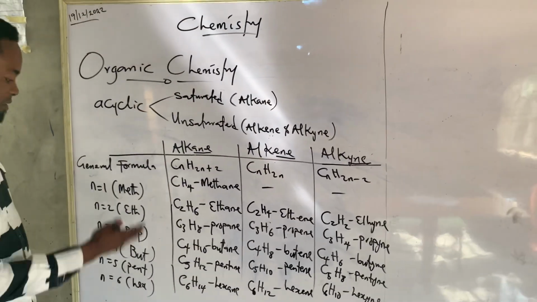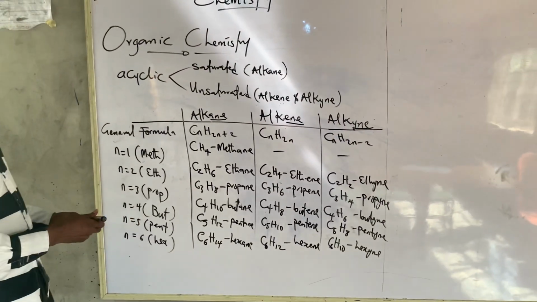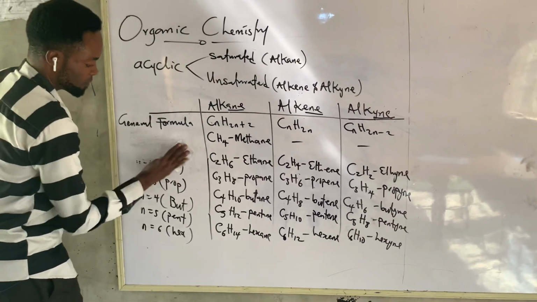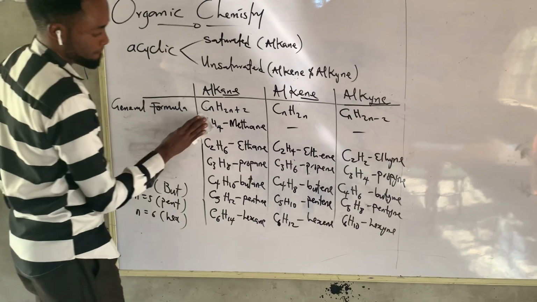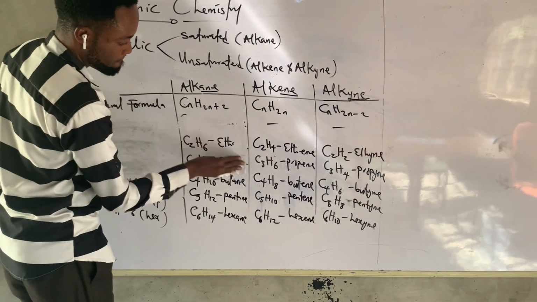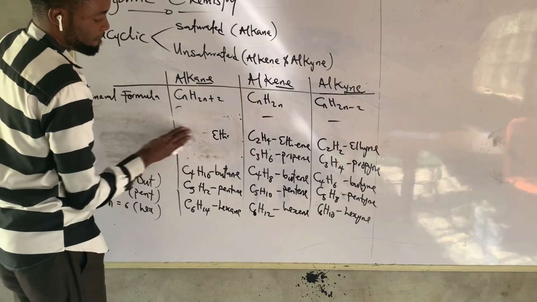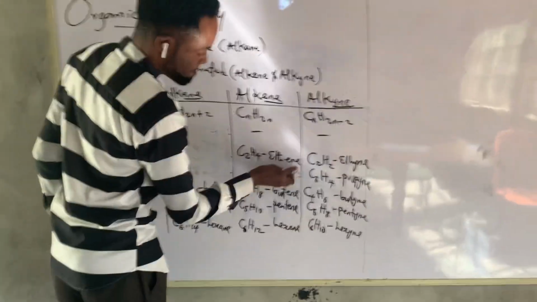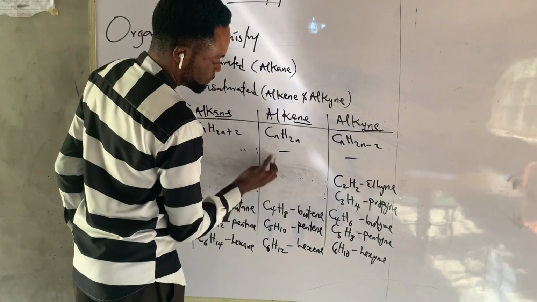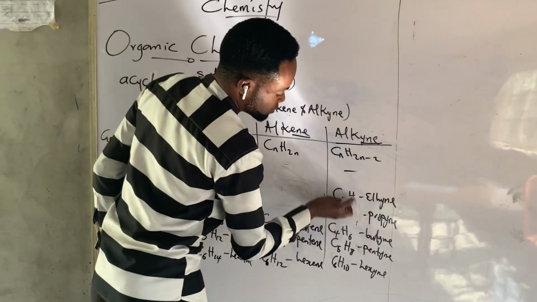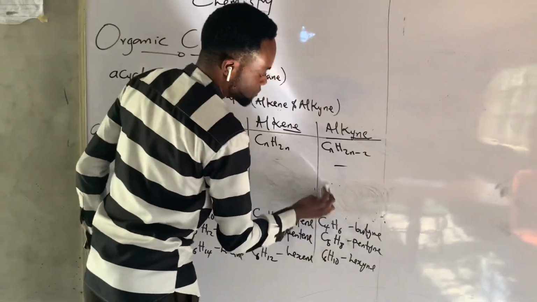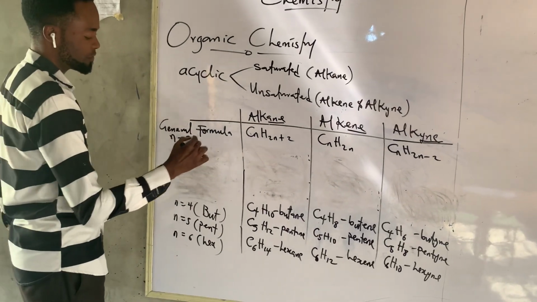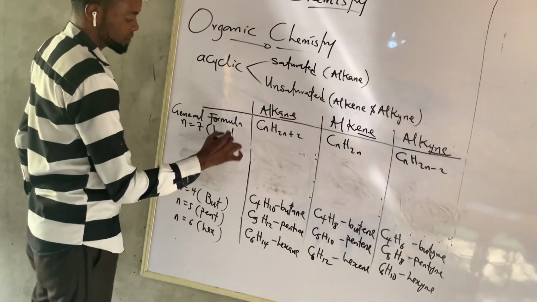So we have this till you have when n is equal to 7, you have hept.